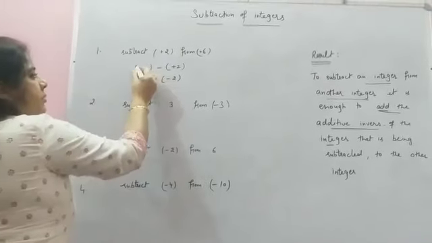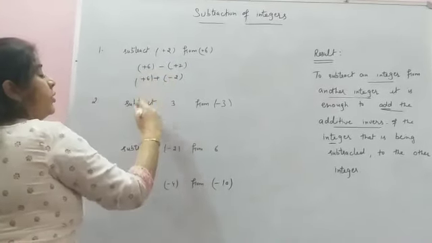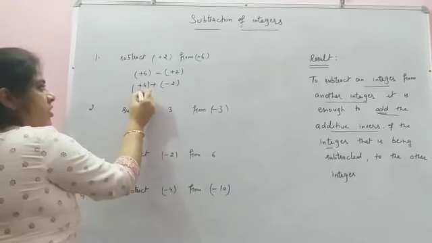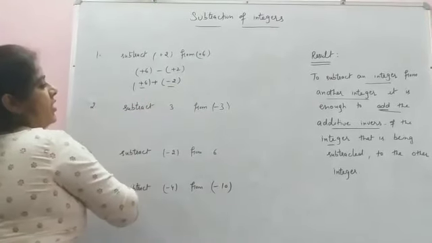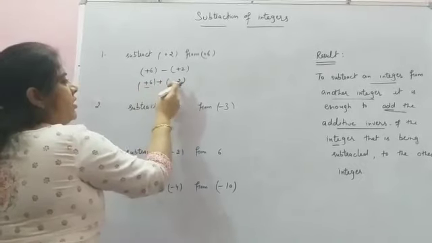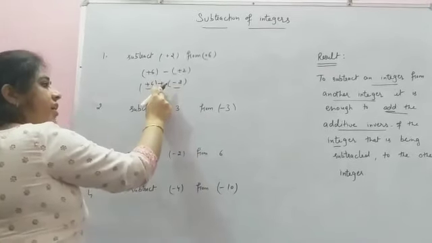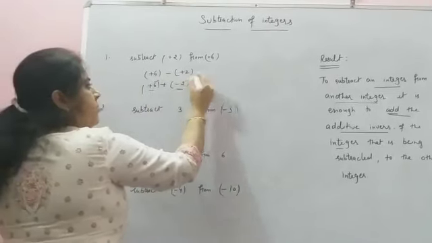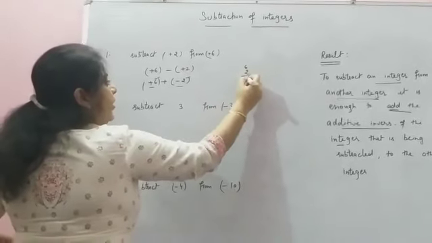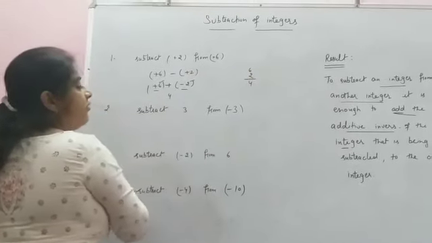Now subtraction is converted to addition, of a positive integer and a negative integer. When a positive integer and a negative integer are added, we subtract the numbers. The answer would be 4.